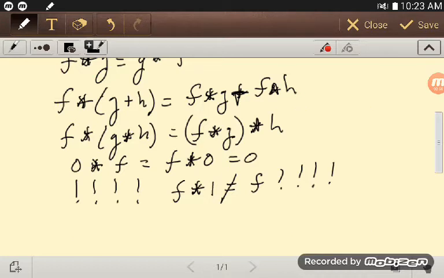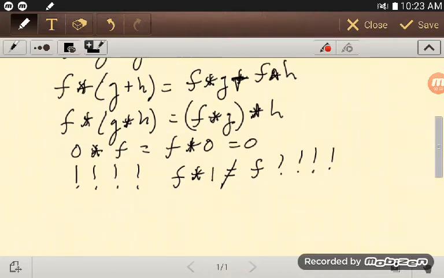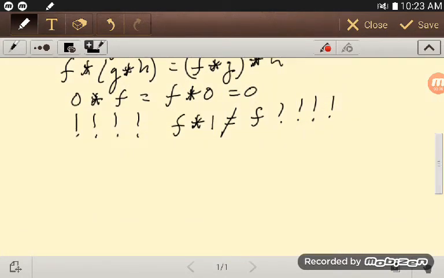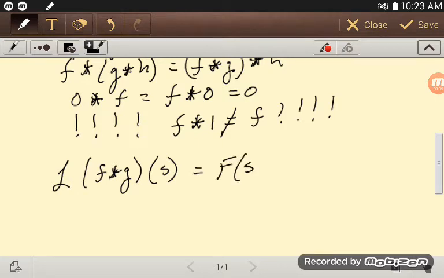But it's nice. The reason we point out this convolution in this class, and I think everybody should see the convolution, even though we're not going to do much with it, is the big deal: if I take the Laplace transform of a convolution, what we get is the product of the two separate Laplace transforms.